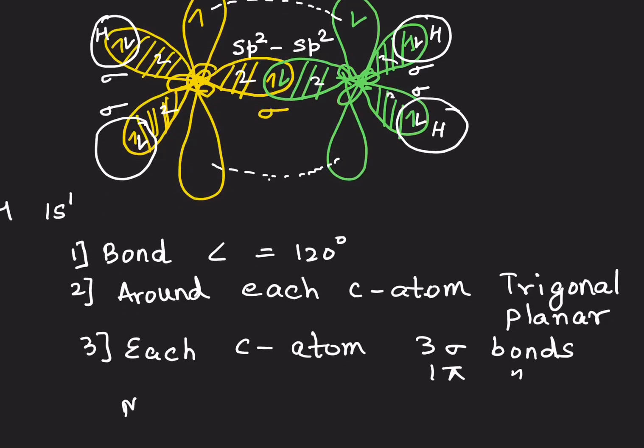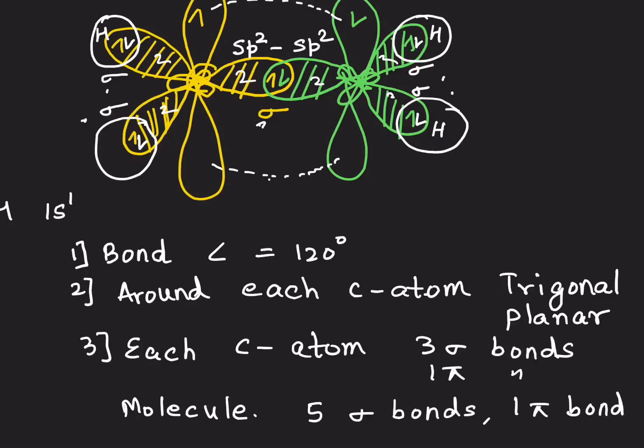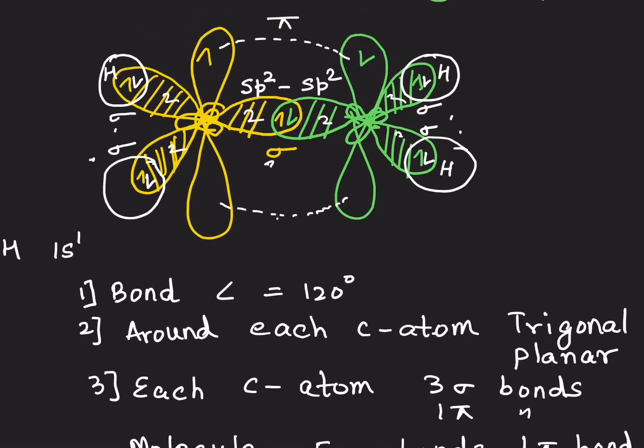Now listen to my question again. Overall in the molecule, how many sigma bonds are there? Yes, there you go, 5. So you have 1, 2, 3, 4 and 5. So in the molecule there are 5 sigma bonds and there is 1 pi bond. Be careful, it's not 2 pi bonds, it's 1 pi bond. It's just that both the lobes are overlapping.